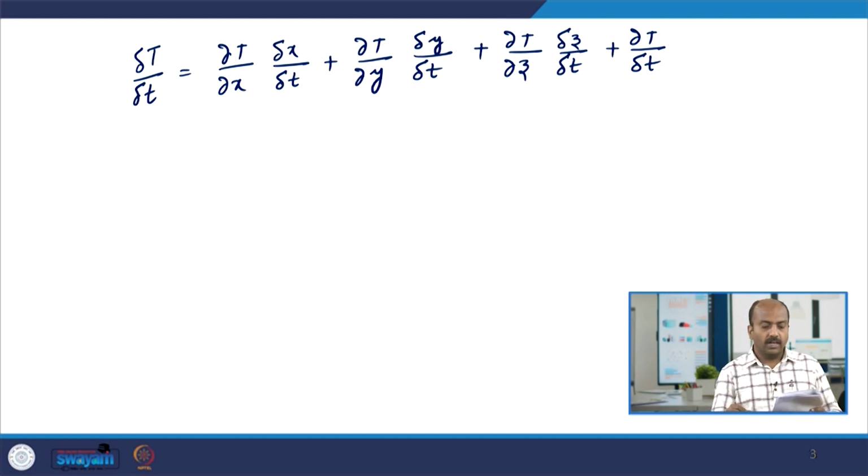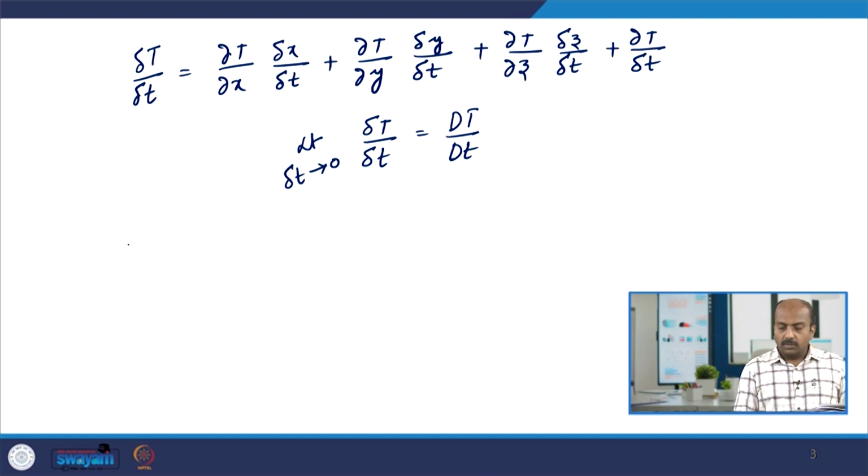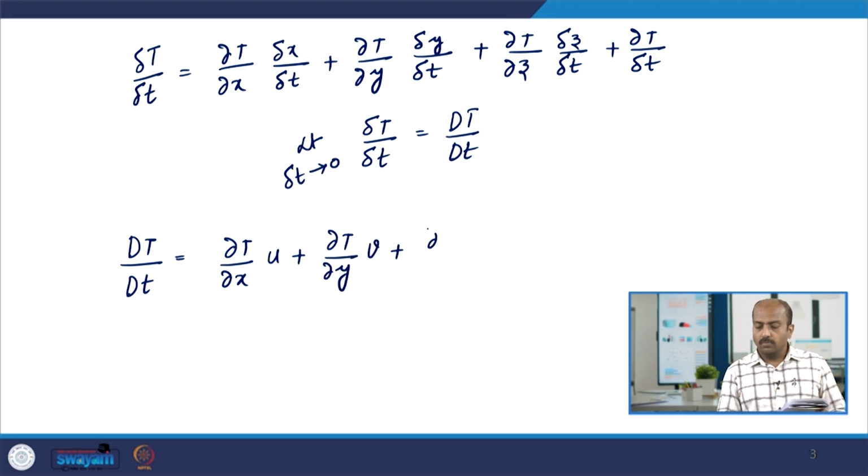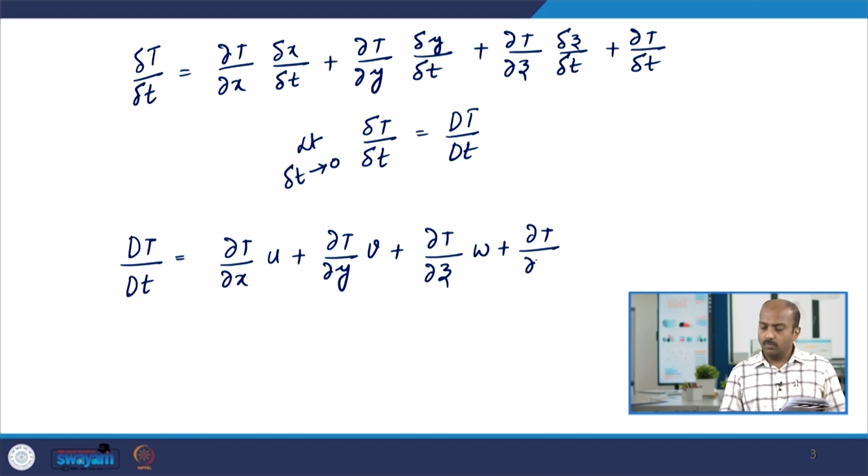Now, when the limit delta t tends to 0, we can write delta T by delta t as dT by dt. So, that means dT by dt is equal to dou T by dou x times u plus dou T by dou y times v plus dou T by dou z times w plus dou T by dou t.